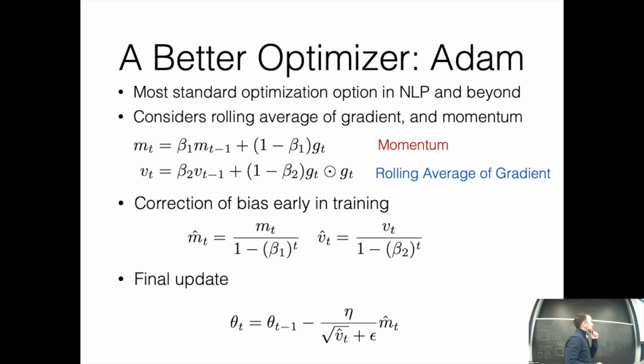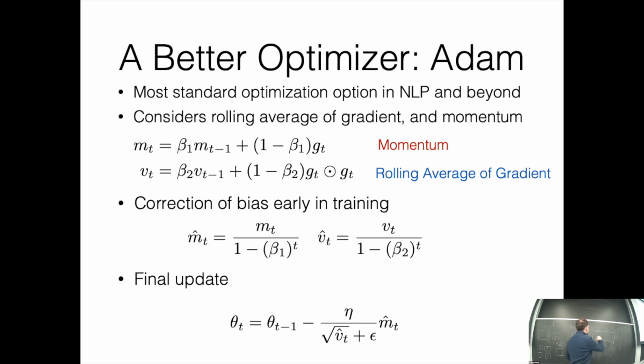Actually, sorry, a better example is, let's say you have a big word embedding matrix, and over here we have really frequent words, and then over here we have less frequent words. We want to make sure that all of these get updated appropriately, that all of these get enough updates.